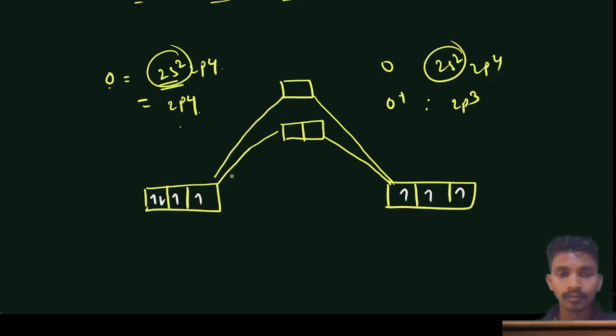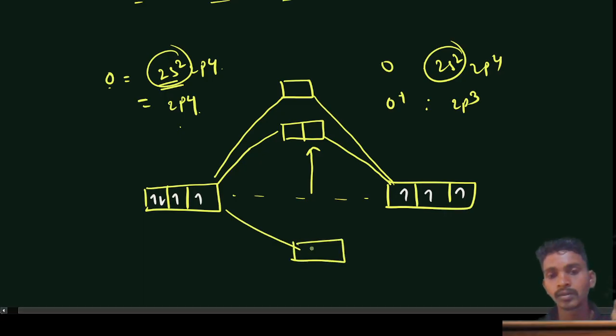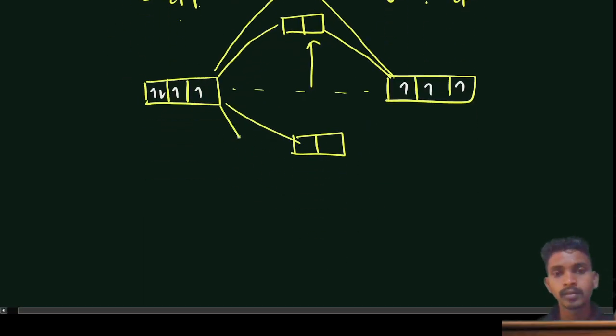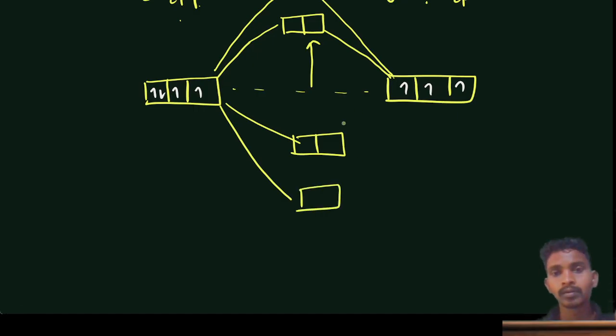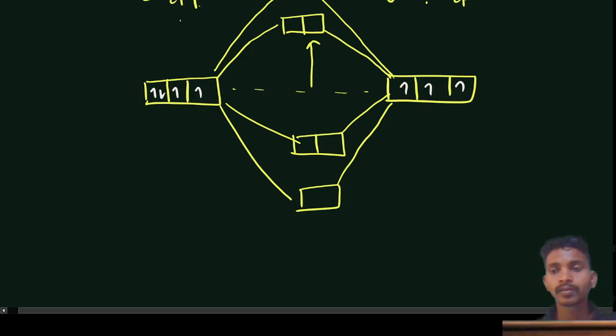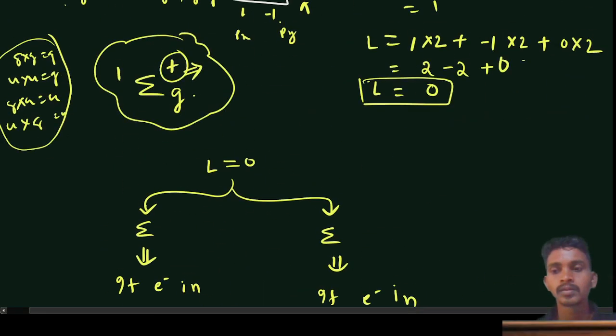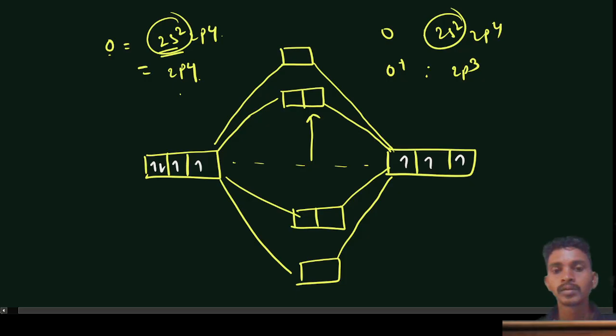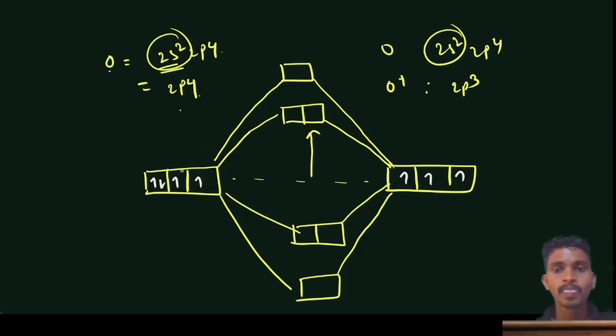Now this is symmetric from the center, so here we get pi, and here also I will get pi. After that, sigma. Now we'll fill the electrons. How many electrons? 1 2 3 4 5 6 7. So 7 electrons.